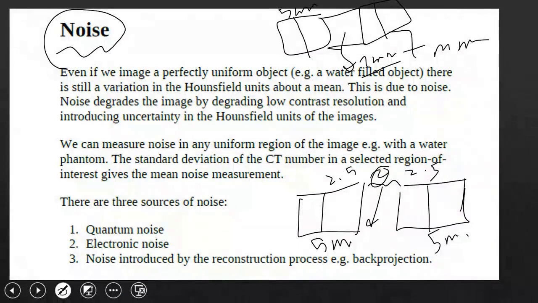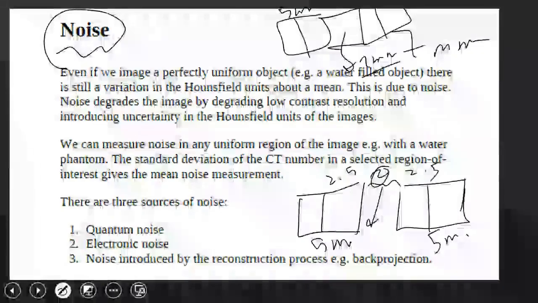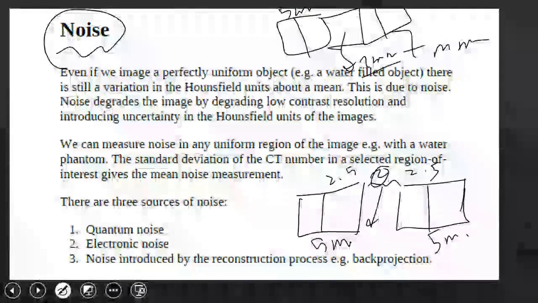Electronic noise is related to electronics involving wires, connections, and resistors in electrical components. It creates noise or causes distortion in the existing signal. Additionally, there is noise associated with the reconstruction process of image formation. Noise always affects the value of the Hounsfield unit, impacting contrast resolution and either reducing or increasing the uncertainty present in the Hounsfield unit of the image.